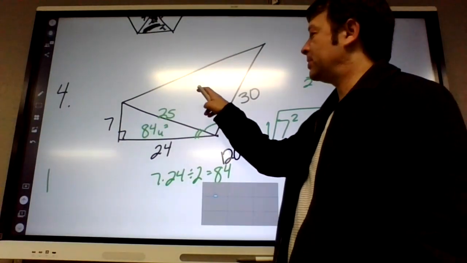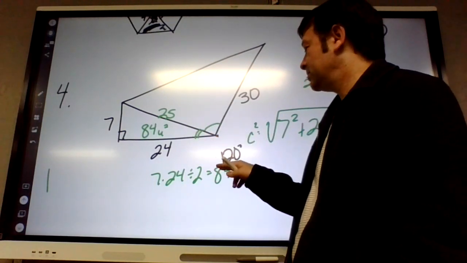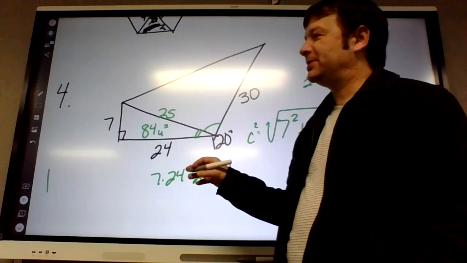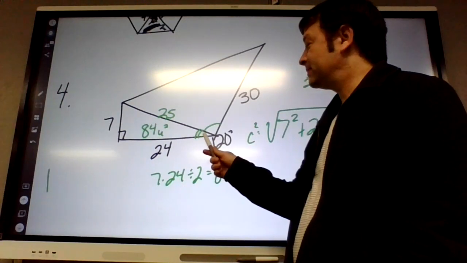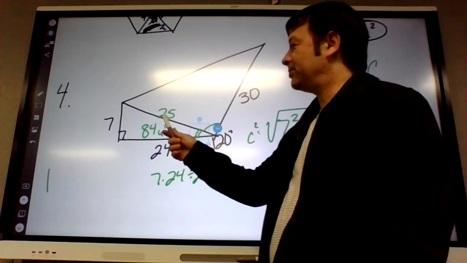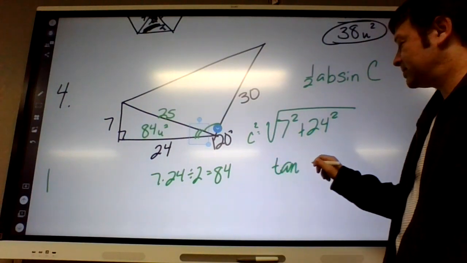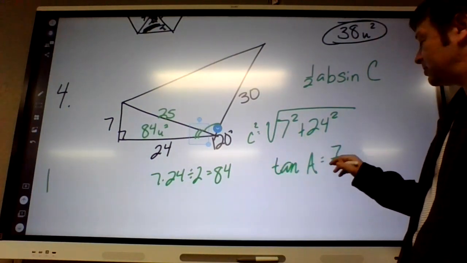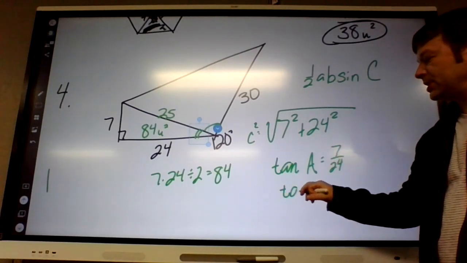No, we're doing this triangle. Since it's a right triangle, we can just use the basic SOHCAHTOA stuff. Relative to this angle, we have opposite and adjacent. So tangent of that angle equals opposite over adjacent. So that means we need to do tangent inverse.